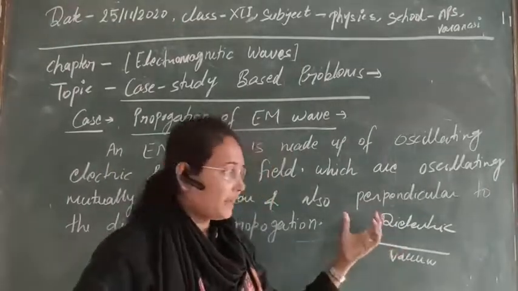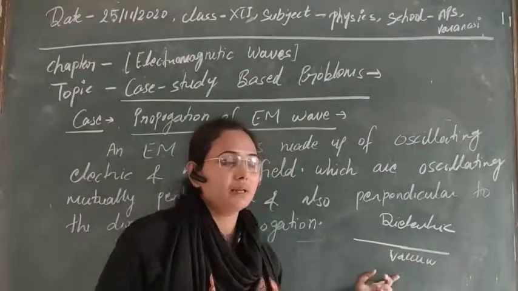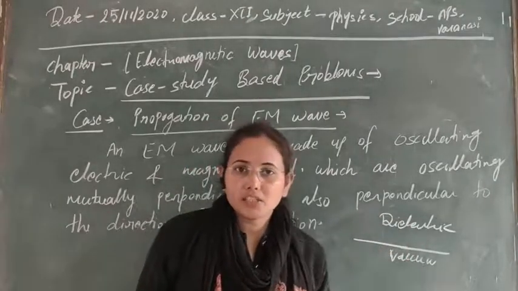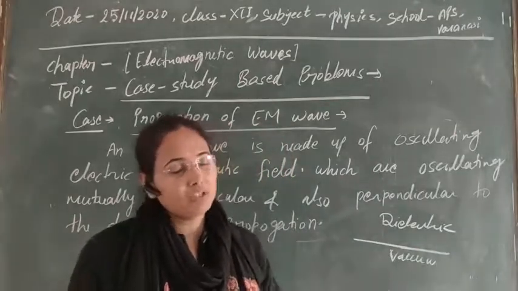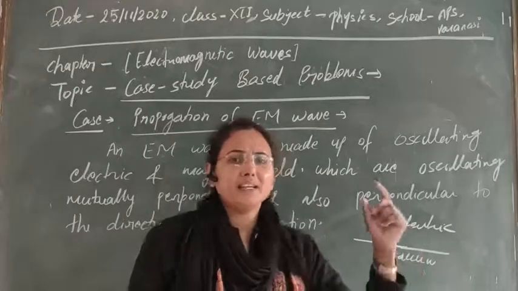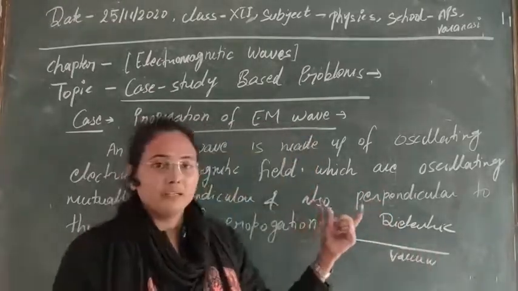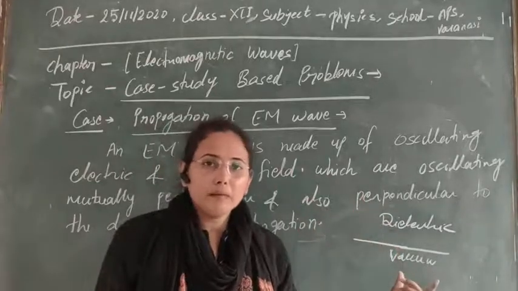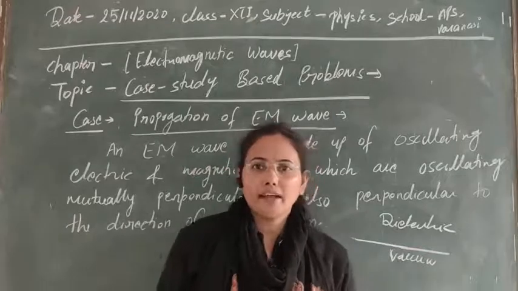So if any light wave goes from one medium to another medium, then first, the frequency of the electromagnetic wave will not change, because frequency is the characteristic of a particular wave, not the characteristic of the medium. So whether the medium is changing or not, it will not affect the frequency.